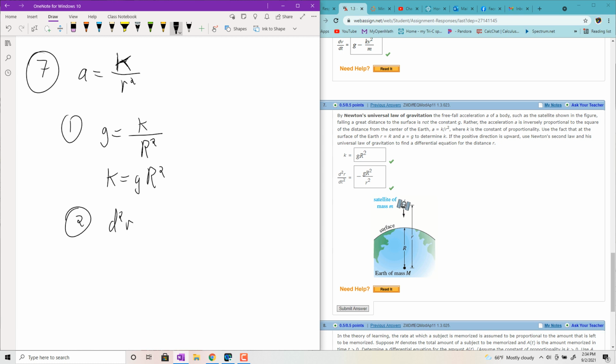So you think of d2r with respect to dt, it's kind of like the second derivative of the position function, and of course it's just going to be equal to the negative of the acceleration, which we were given to be k all over r squared, and negative. And then you can replace k with what we just found in part 1 of the problem. So it would be negative g big R squared all over little r squared. Okay? Just so you don't get into the problem and start overthinking the heck out of it.